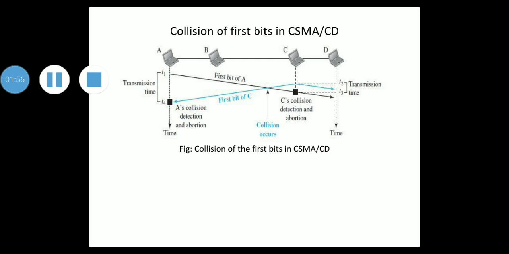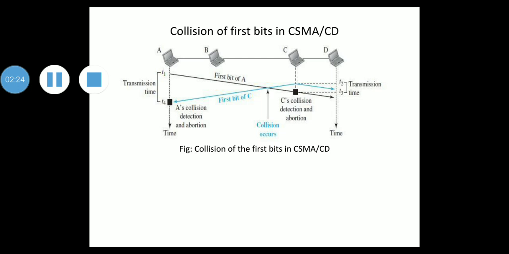This diagram shows four stations: station A, station B, station C, station D. Out of the four stations, stations A and C are involved in the collision. At time t1, station A has executed its persistence procedure and starts sending the bits of its frame.